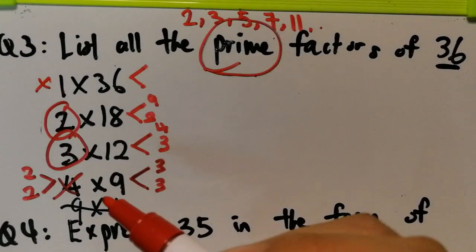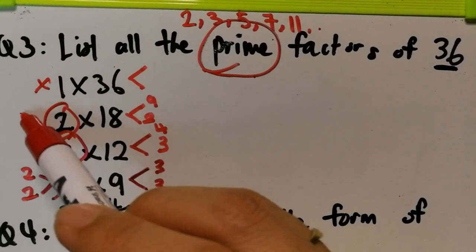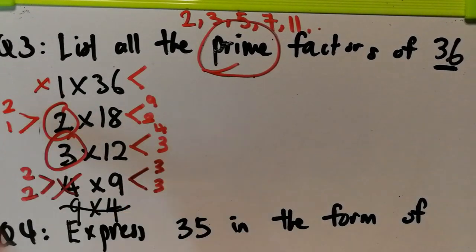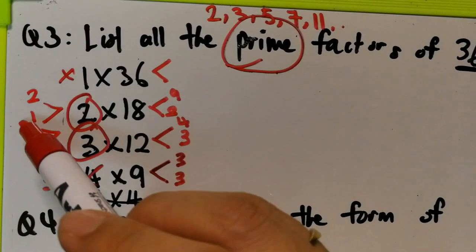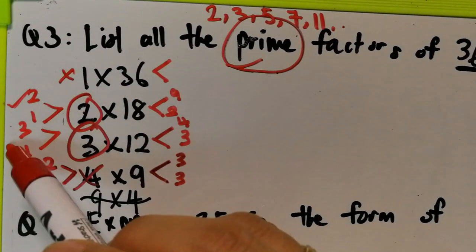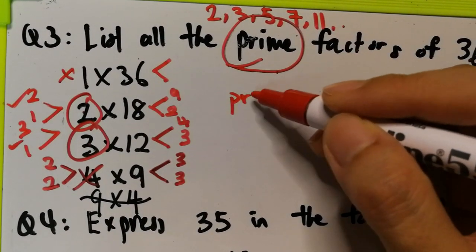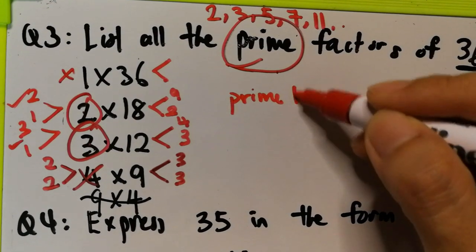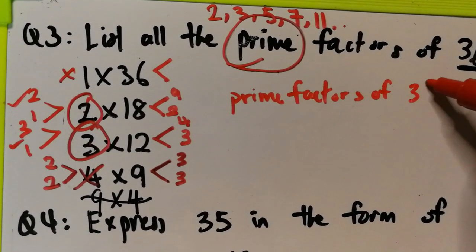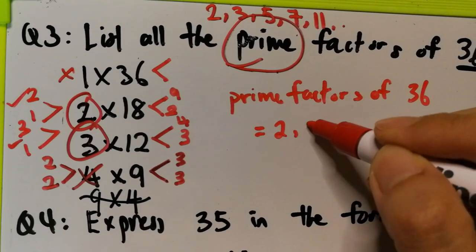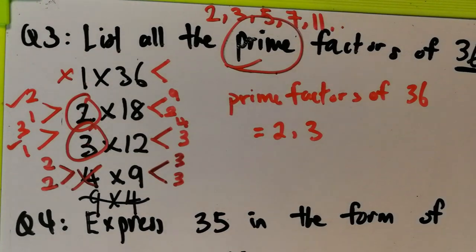Which means if you want to find the prime number, it must only have itself and 1. For 2, we only have 2 and 1, and for 3, we only have 3 and 1. So that one, we say it is a prime number. So if we have the prime numbers, we can just list out the prime factors of 36. Our answer will be 2 and 3. Okay, so this is for question number 3.